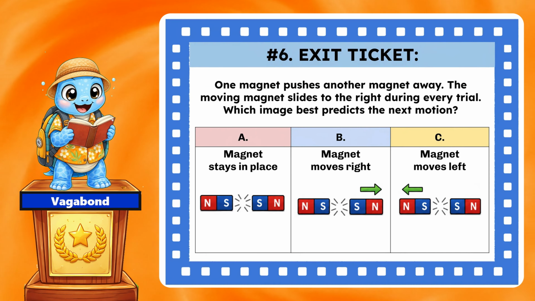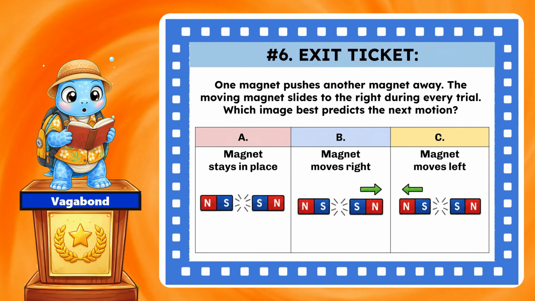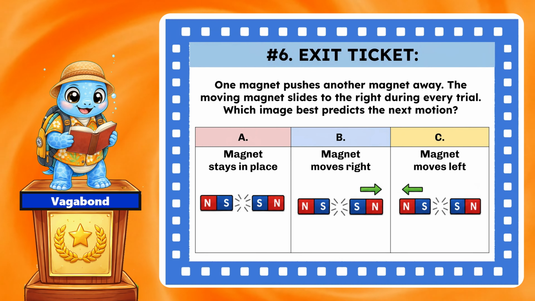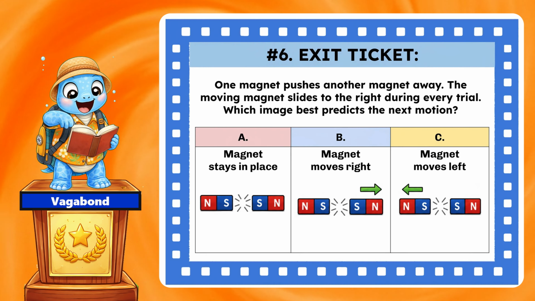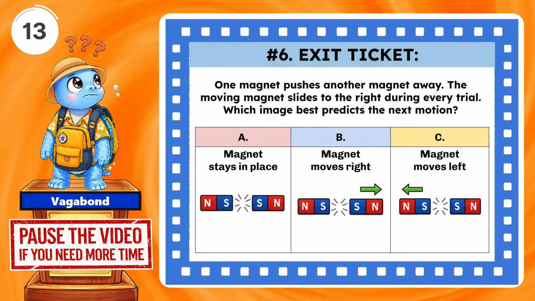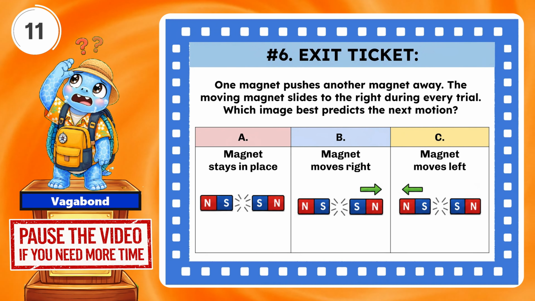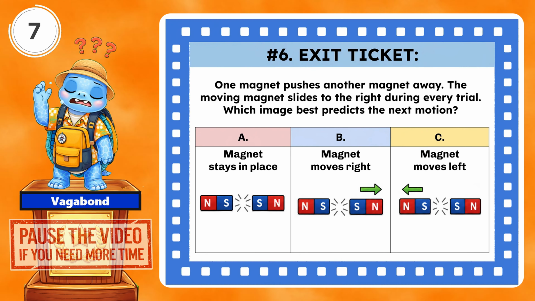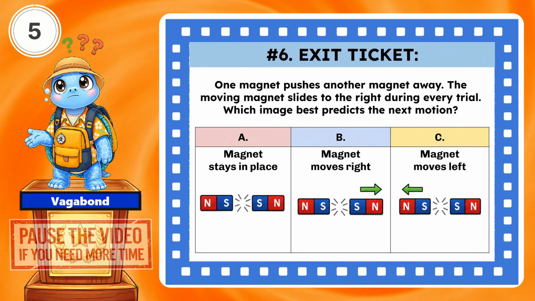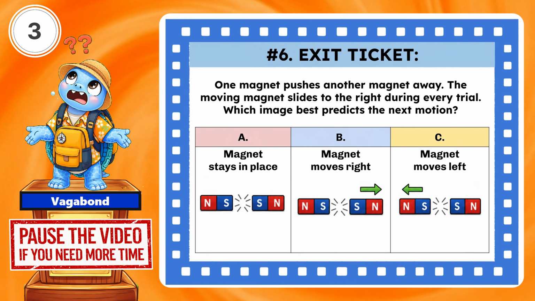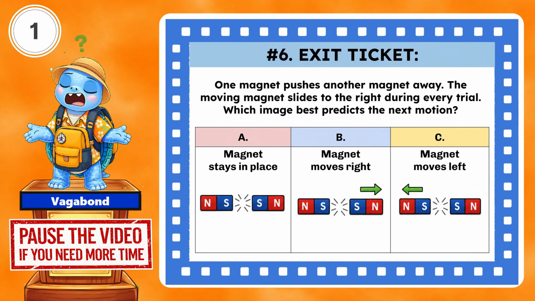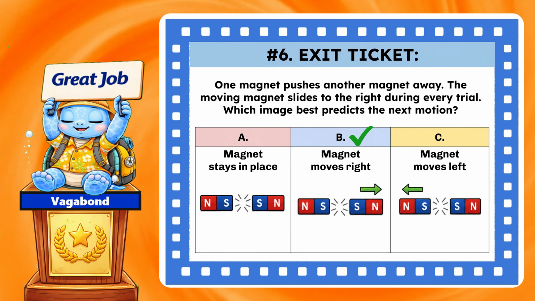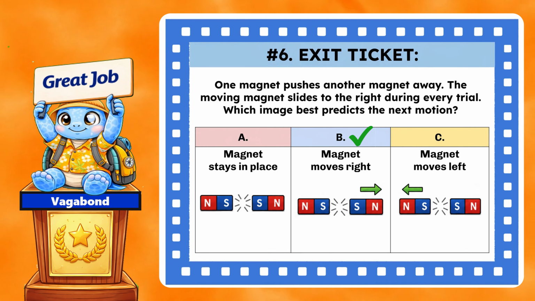One magnet pushes another magnet away. The moving magnet slides to the right during every trial. Which image best predicts the next motion? And the correct answer is letter B, magnet moves right.